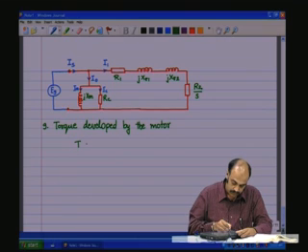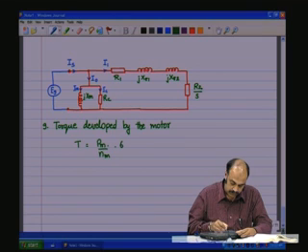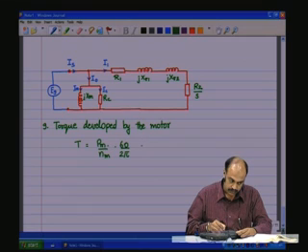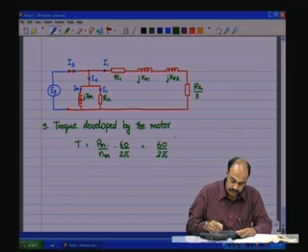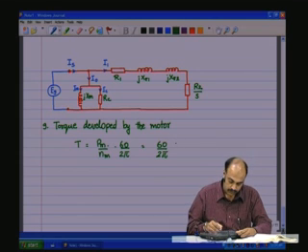So T is equal to PM by NM into 60 by 2 pi, which is equal to 60 by 2 pi, PM is PR into (1 minus S), and NM is NS into (1 minus S).